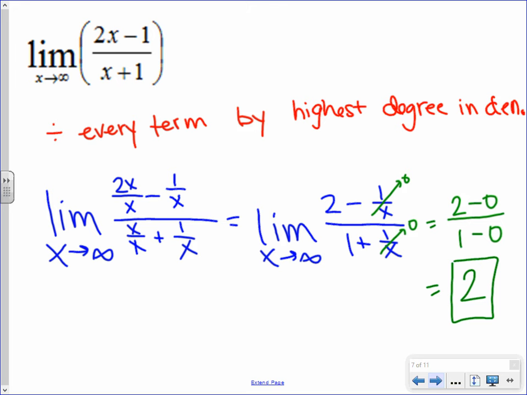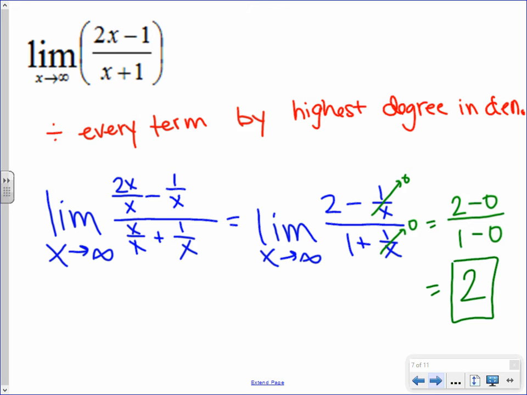What's happening at x equals negative 1? There's a vertical asymptote. Most of the time, I say most, not all, most of the time, if there's a vertical asymptote, we could also have a horizontal asymptote, which is at 2.